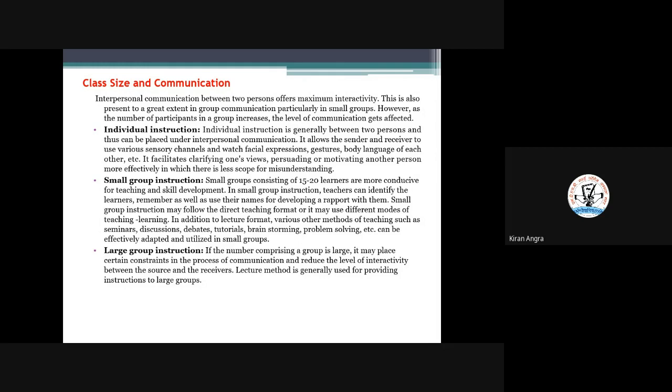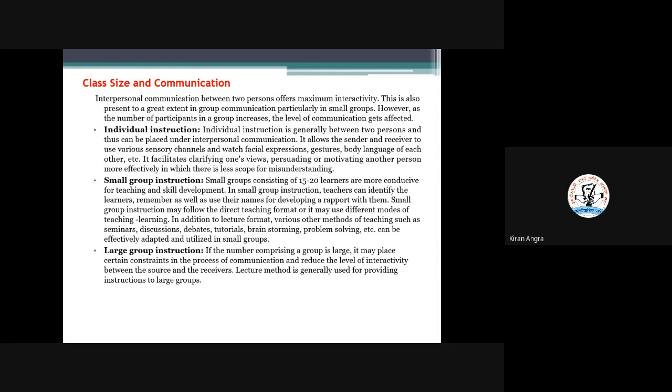So individual instruction is generally between two persons, because here you want to give your whole attention to an individual, so that he or she can effectively understand what you are teaching, and there should not be any scope of misunderstanding. So this is a sort of interpersonal communication, and we call it an individual instruction in a class.